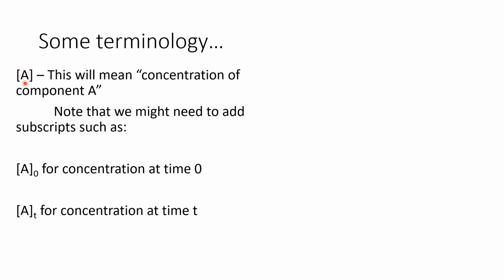It might be A or B or something like that if I'm trying to be general about something, or I might put a component of our reaction, like for the hydrogen peroxide example earlier, I might say concentration H2O2. So those brackets here, I'm going to specify, at least for this course, my square brackets are going to mean concentration.